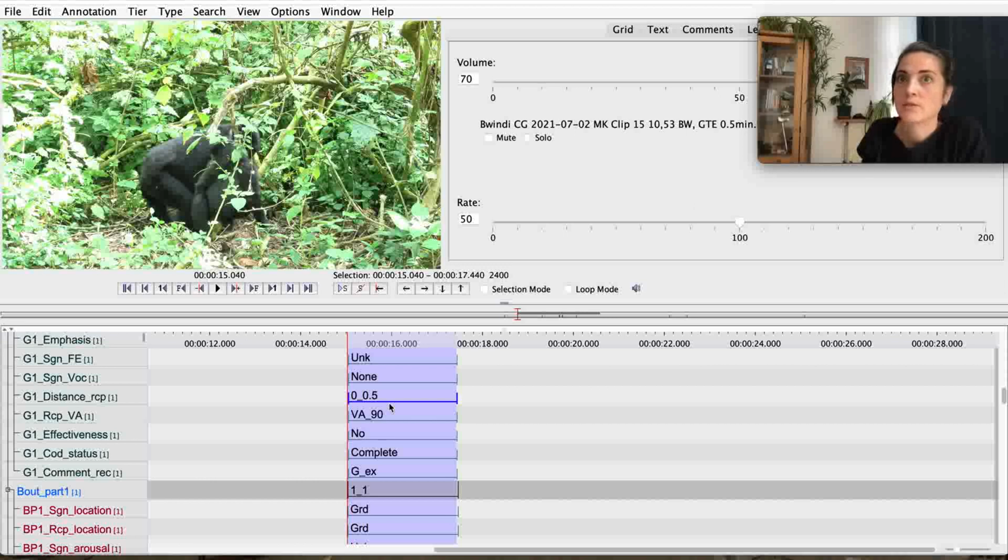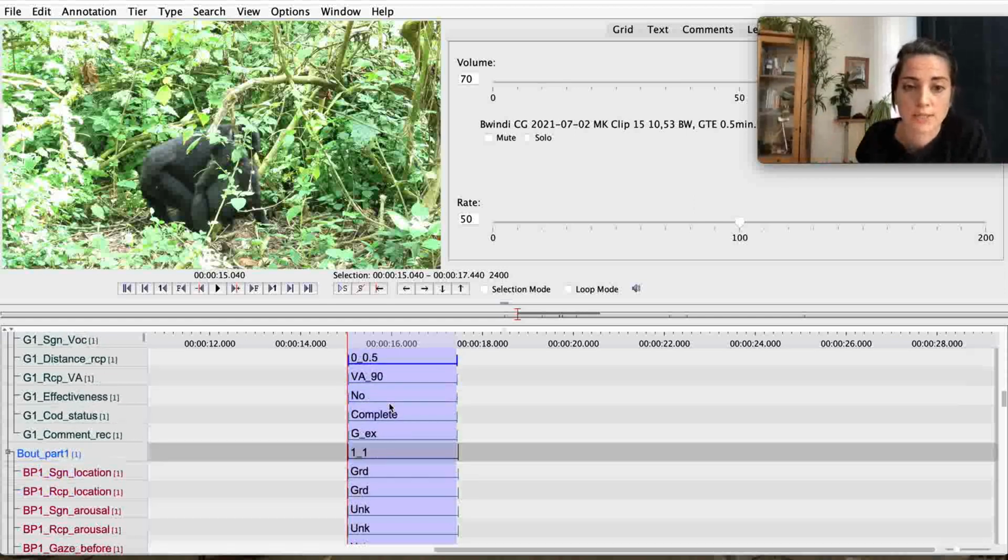You can imagine maybe two individuals with a large rank difference between them might gesture from further away, or species with a very cohesive social structure might consistently gesture from closer distance. So in order to be able to have a crude idea of those influences.